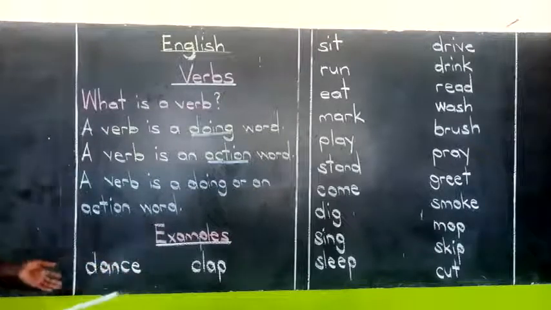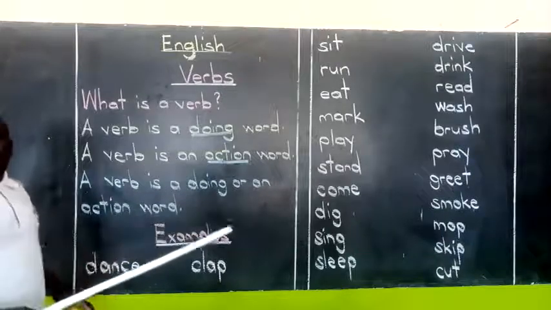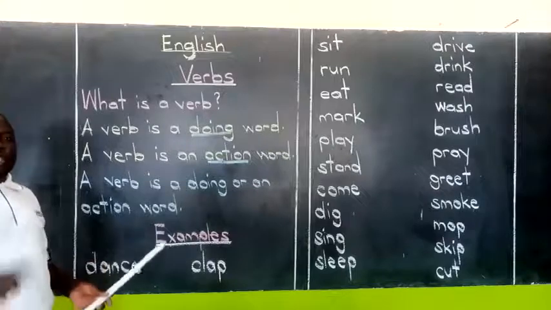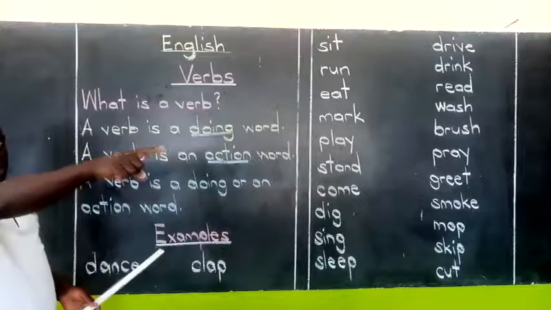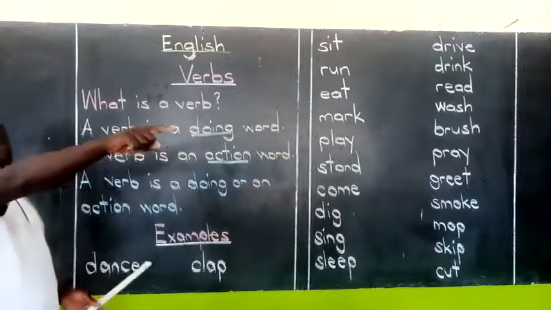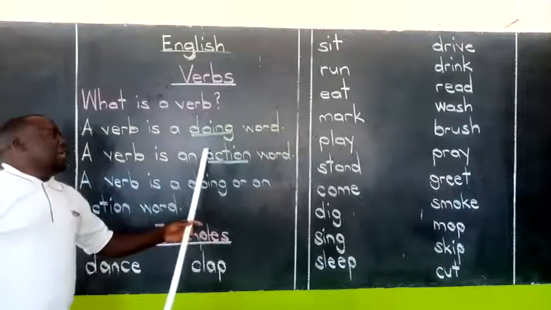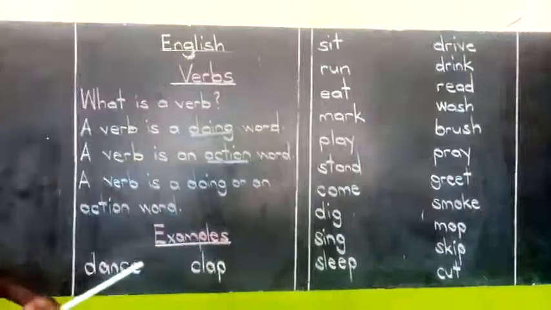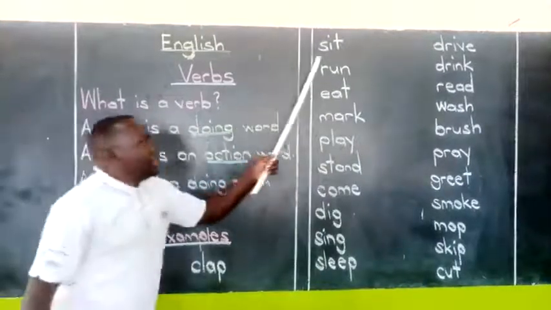Examples we have given. Dance. I would say you cannot fail to do the action when you are mentioning a verb. Okay? You say point. Before you say it, even the action must go with the what? With the word. That is why it is called an action word. We have clap. Sit.